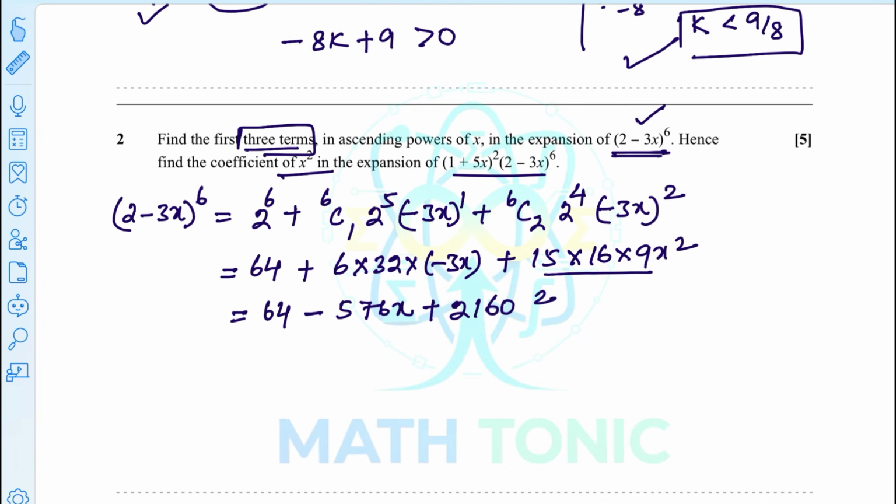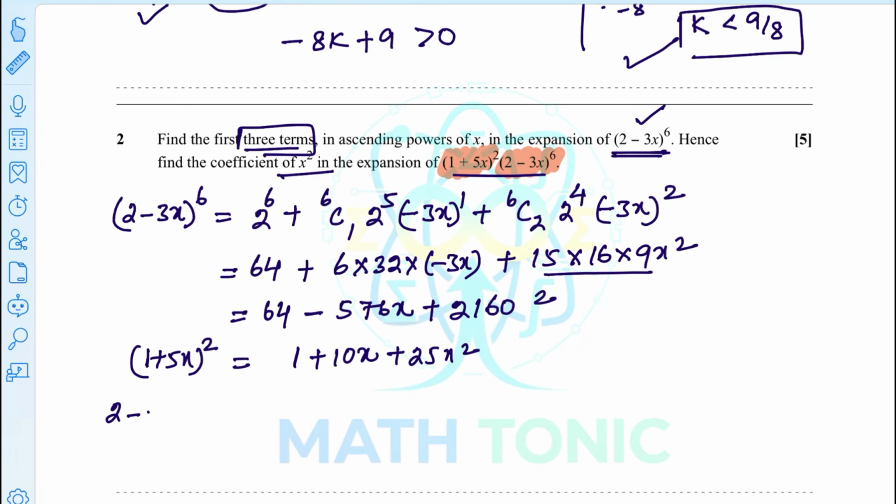If you see the question here, this part I have already expanded, right? Then how to expand this (1 plus 5x) squared? So let me do this here. When you expand this, it will be 1 plus 10x plus 25x squared. So let me do it together.